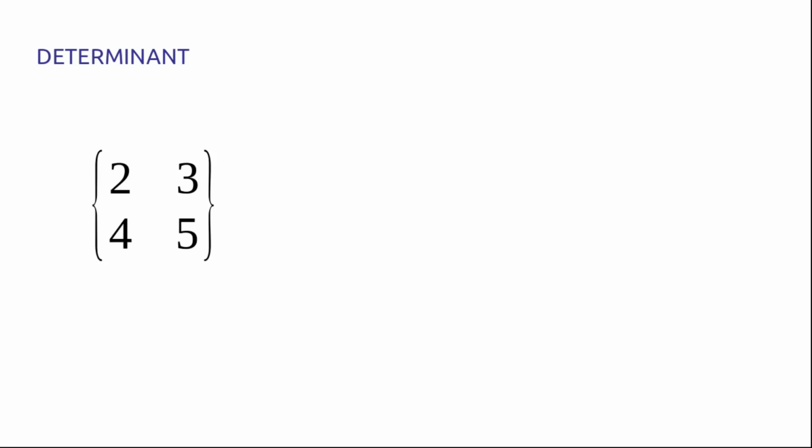Now let us see a square matrix of order 2 which looks like this, and this is a matrix of order 2. We remember that a square matrix is a matrix which has an equal number of rows and an equal number of columns. Here the number of rows and the number of columns are both 2 because this is a square matrix.